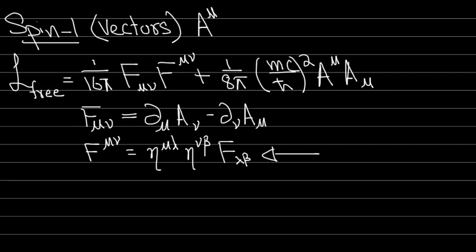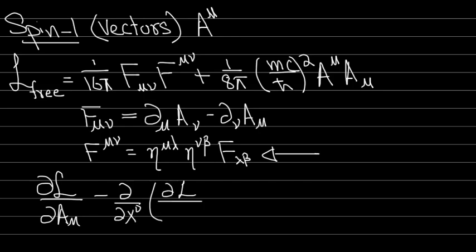Right, okay. So again, our goal is to figure out the equation of motion for this case, and we do that simply by again computing this thing, partial L over partial A mu minus partial over partial x nu times partial L over partial partial nu A mu is equal to 0.